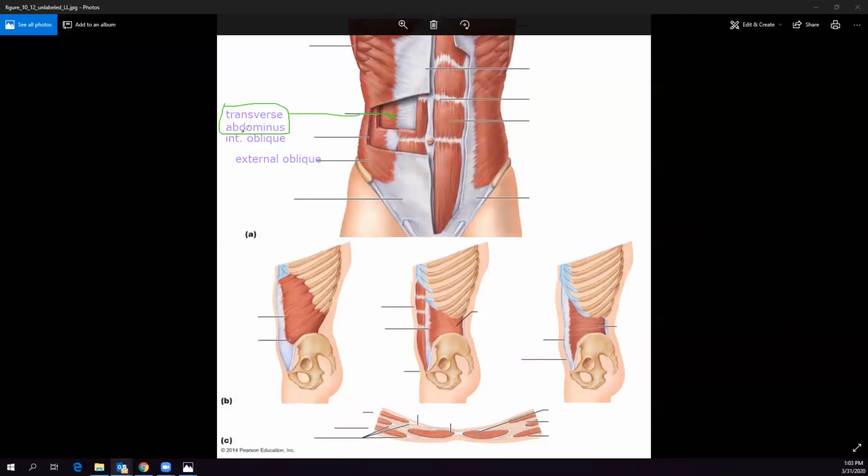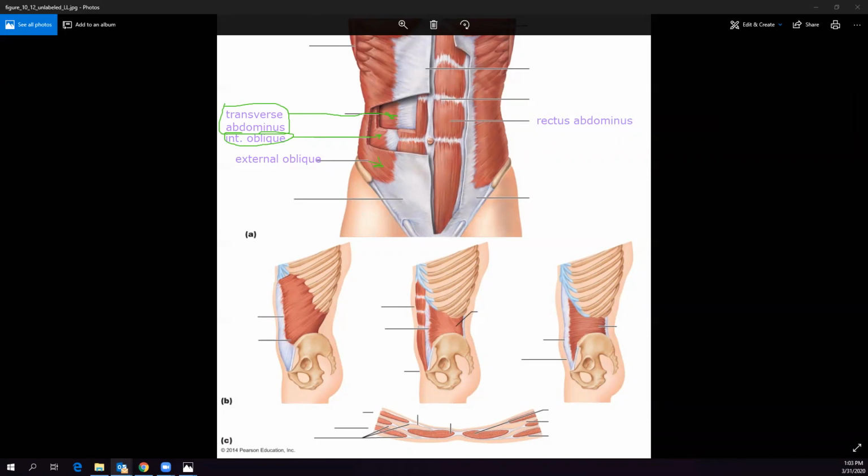Internal oblique is this layer, and the external oblique is this layer. The last muscle in the abdominal group is the one that makes your 6-pack. It's called the rectus because it runs straight up and down, and abdominis because it's in the abdominal region. So there are those 4 muscles: external oblique, internal oblique, transverse abdominis, and rectus abdominis.